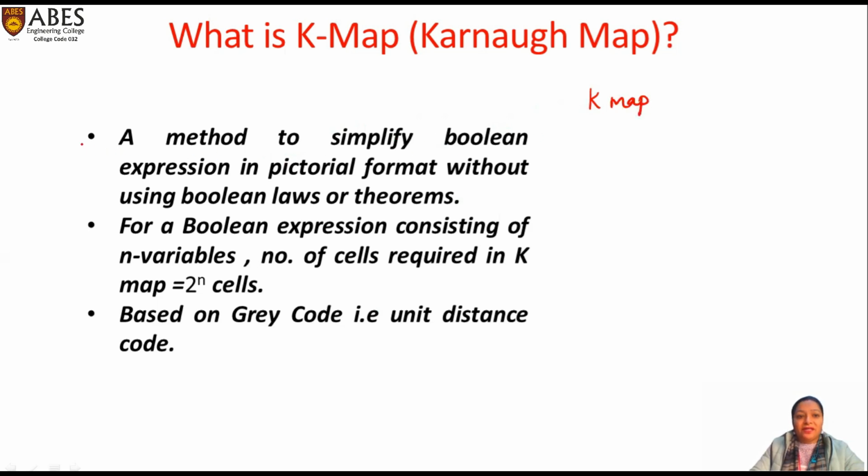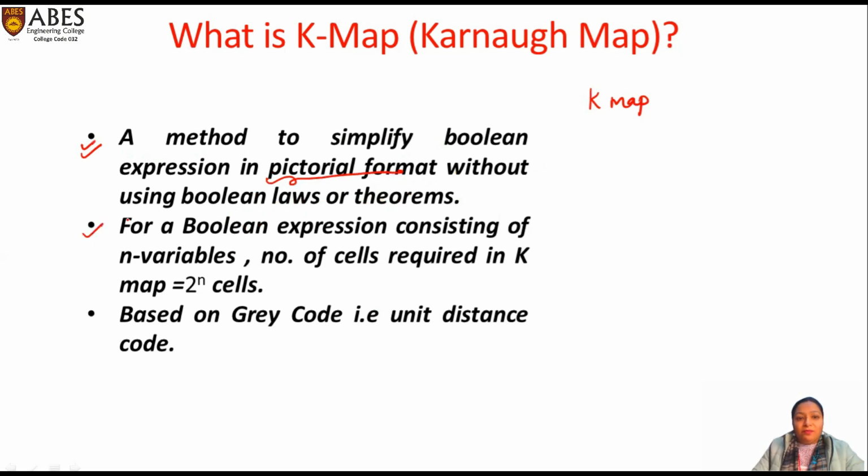So coming to the definition of K-map, it is a method to simplify a Boolean expression in pictorial format without using any Boolean algebra laws, theorems, or identities that you have studied, that is associative law, commutative law, idempotent law, involution law, absorption law.